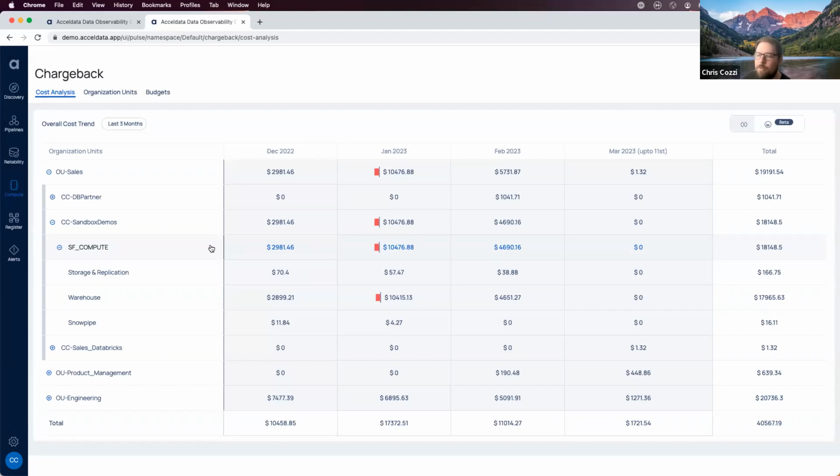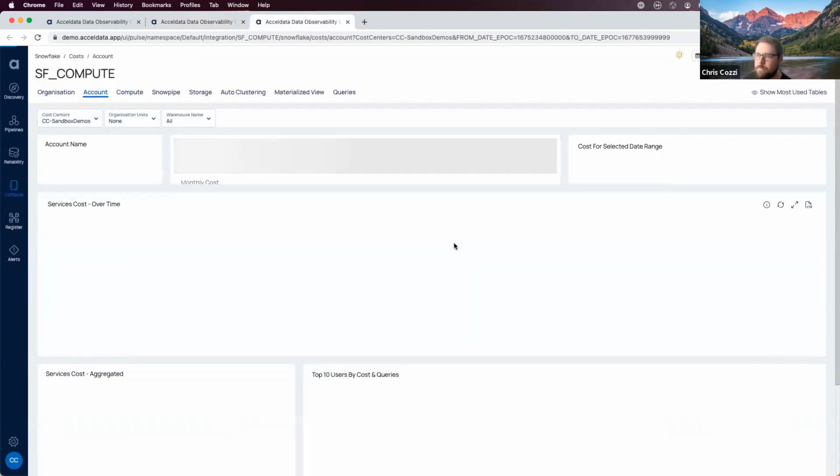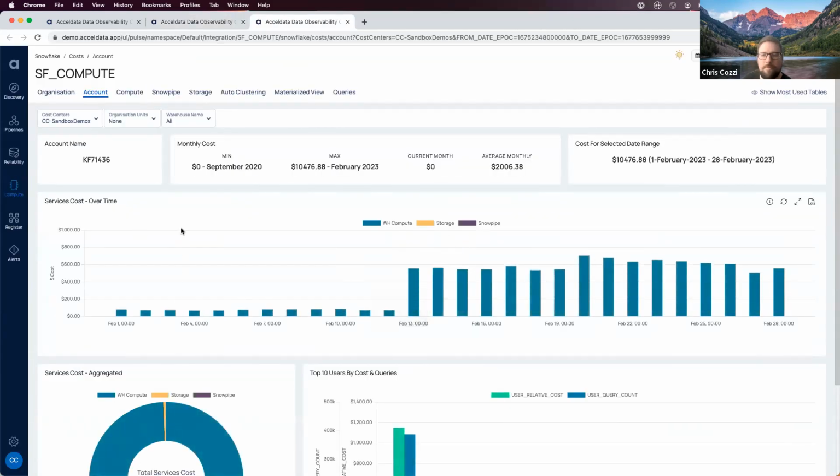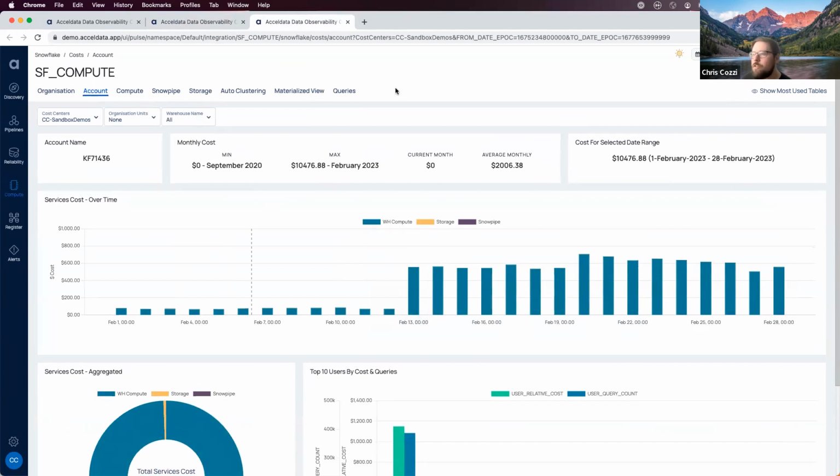I see this spike. I want to drill into this Snowflake account and start investigating what was happening in this warehouse. So I'm pushed over to the first page here, a bit of an account summary. I did carry across that I'm specifically wanting to look at what in this account was used and associated with the demo environment cost center.